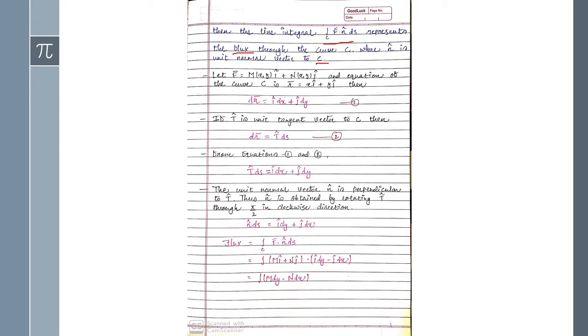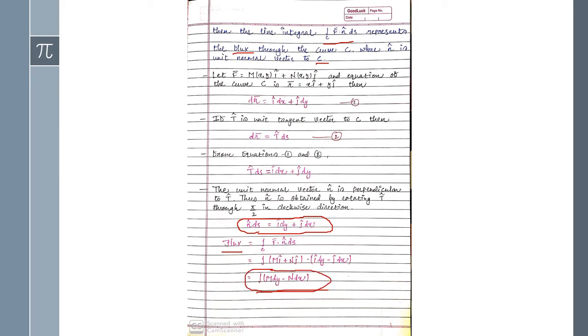Now, as you can see, I have written the theory here, and this theory is not needed in detail. If you can just remember what n cap ds is, that will be i dy plus j dx, and at the end we can write flux as the integration of M dy minus N dx. So this is the main formula for the flux.